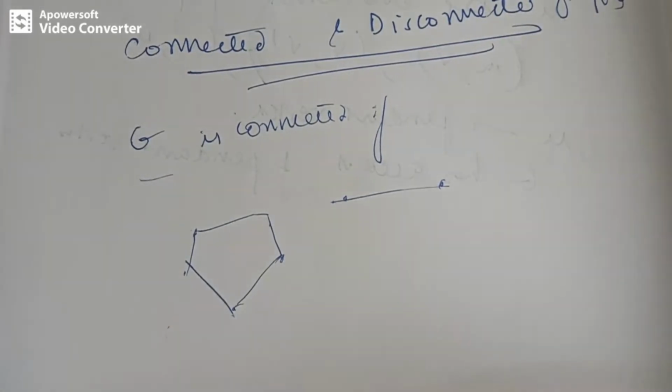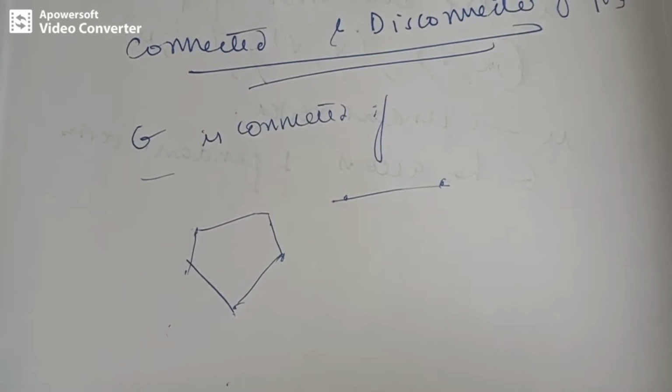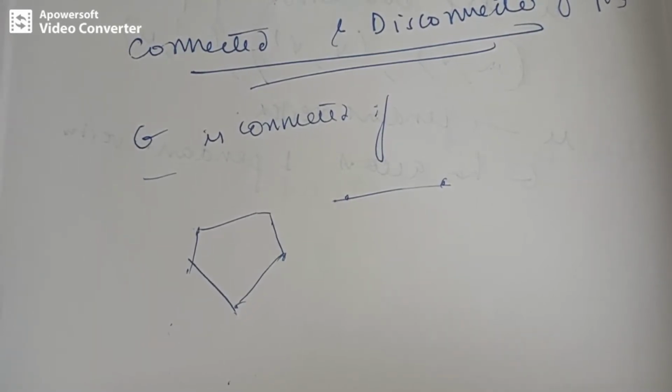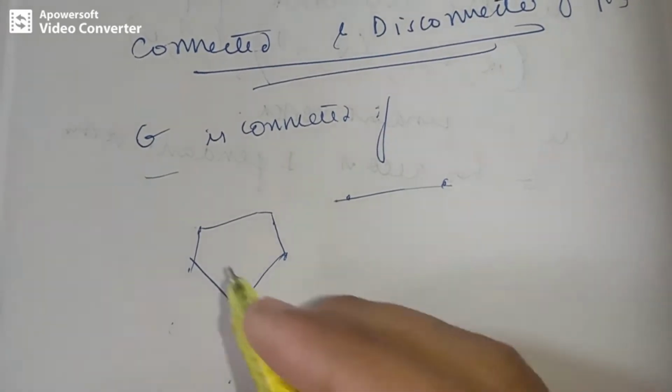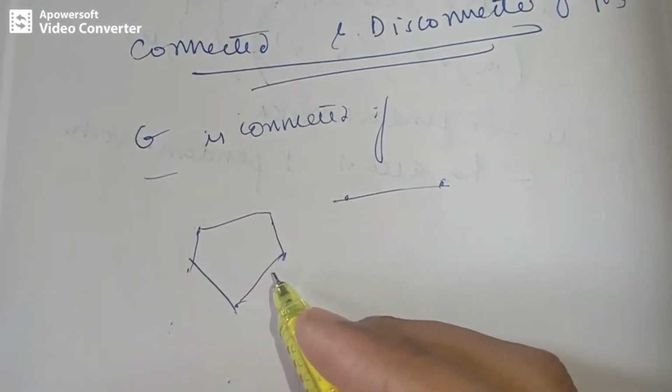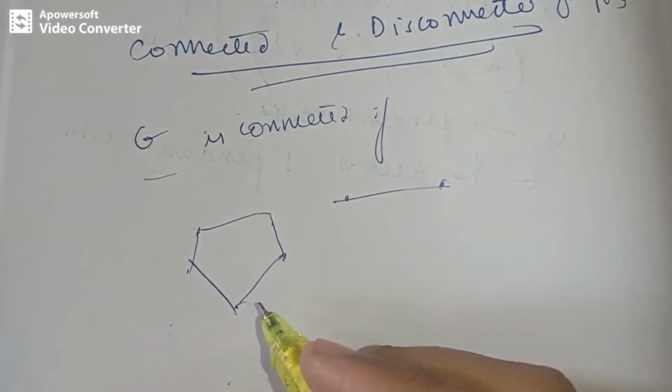And it is said to be disconnected if there exists at least one pair of distinct vertices which have no path. Then we can say it is a disconnected graph. So the graph is connected if there exists at least one path between every two distinct pairs of vertices.